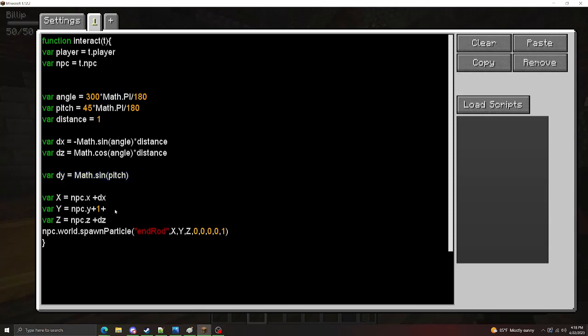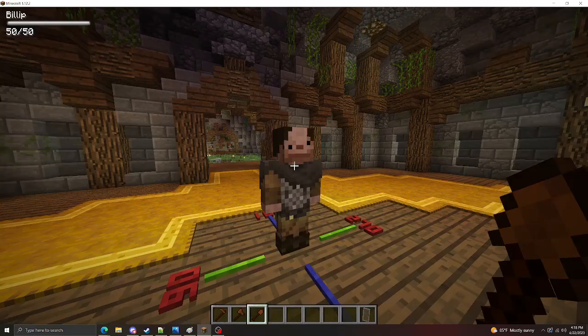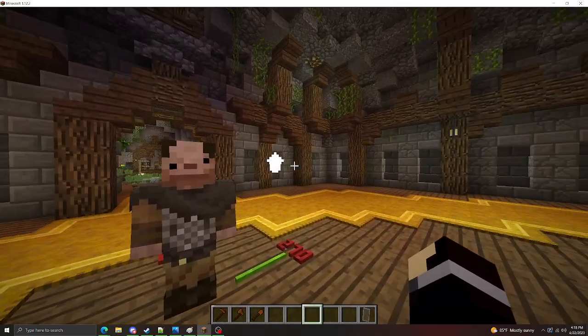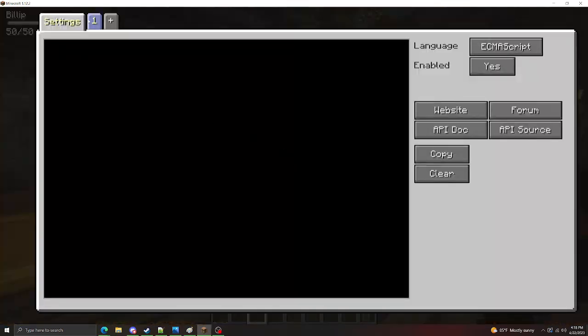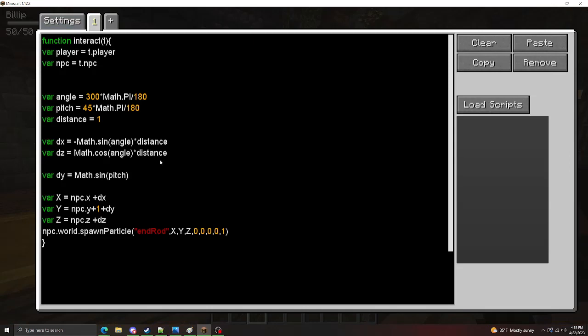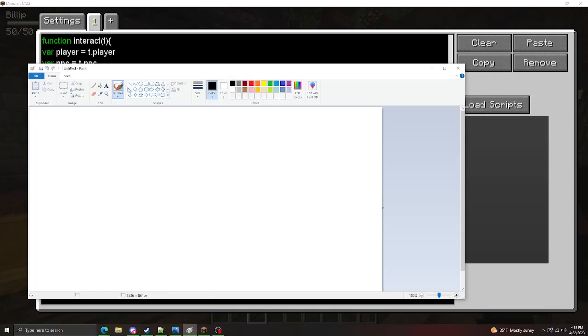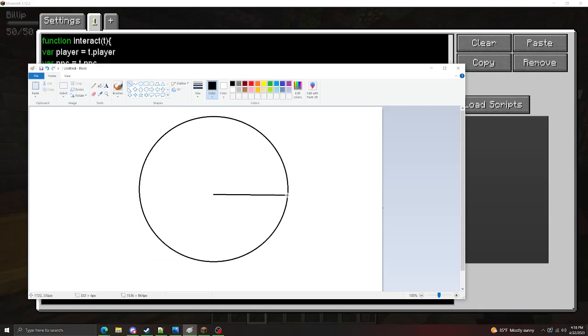So if we add the dy to our y value for spawning the particle here, it should show up a little bit higher now. Now this isn't exactly correct for getting us points on a circle using spherical coordinates. The reasoning being, if we have a circle here, say this is just a cross section looking at the NPC sideways, and then this is our rotation line, and then this is our pitch line here.